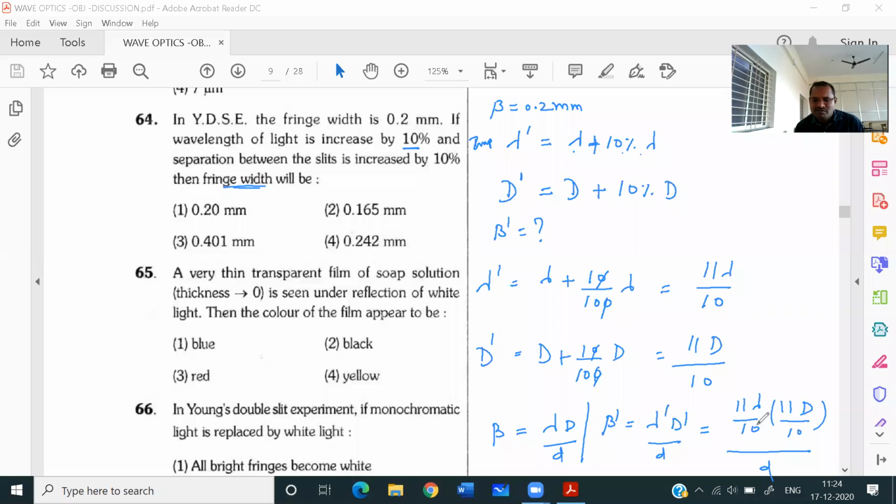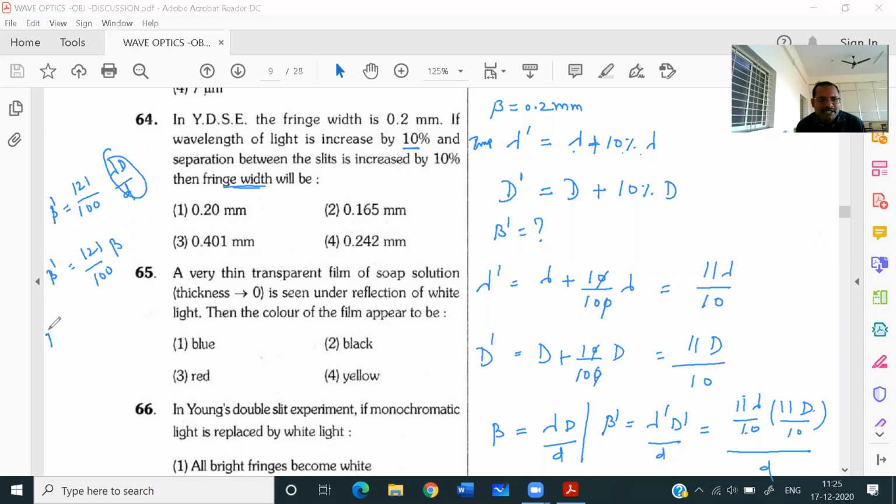So beta dash becomes 11 into 11, which is 121, divided by 10 into 10, which is 100, times lambda capital D by small d. So beta dash becomes 121 by 100. Lambda capital D by small d is the original fringe width.